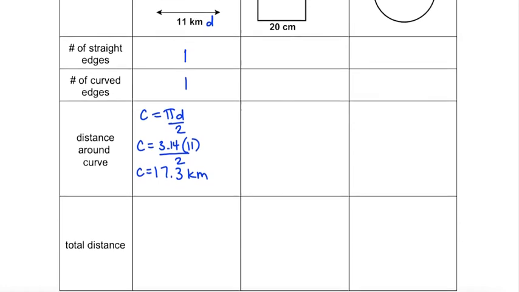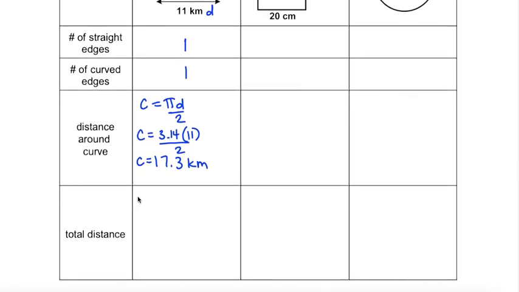So now when I want to figure out the total distance of this shape, my total perimeter will be the length of my straight edge, which is 11, plus the length of my curved edge, which is 17.3, and that gives me an answer of 28.3 kilometers.